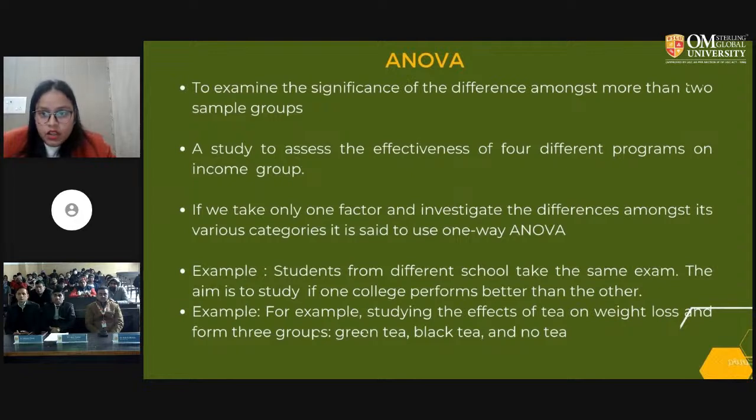So the main thing that you have to understand before applying ANOVA, that you have to see how many categories or how many sample groups we have. If there are two sample groups, you can go for independent t-test. If there are more than two sample groups, three sample groups we have in our study, in that case you can go for ANOVA. But your dependent variable, for example here the weight loss, that has to be continuous in nature. Okay, next slide please.